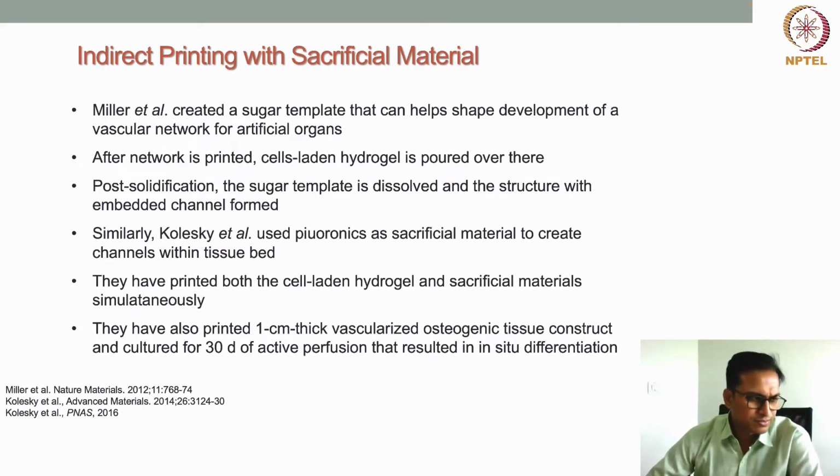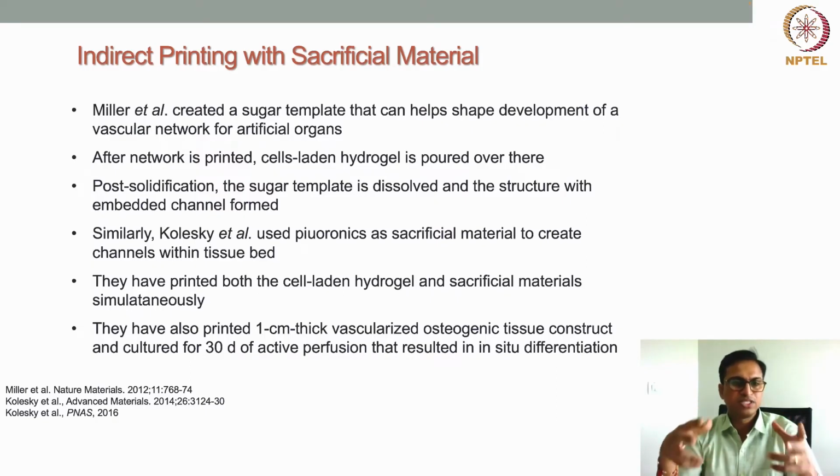But we cannot control the positioning, because it's a molding technique. First the sugar template was 3D printed, but then the cell and hydrogel was poured in using a mold. So it's a molding technique where the sugar template was used as a cast to print the whole vascularized tissue construct.